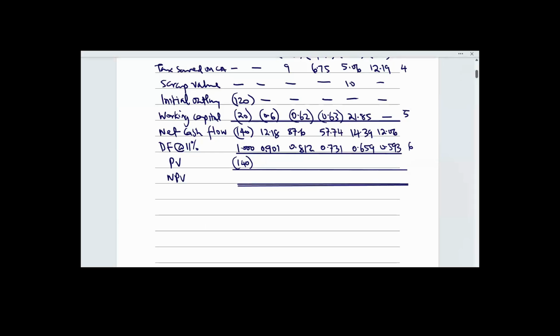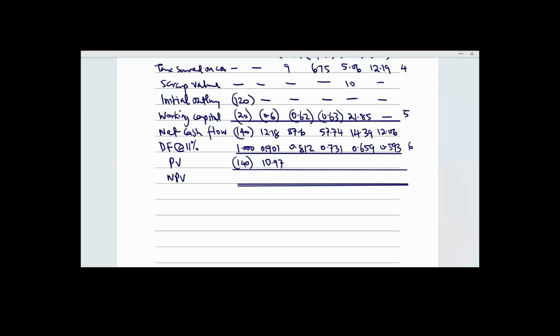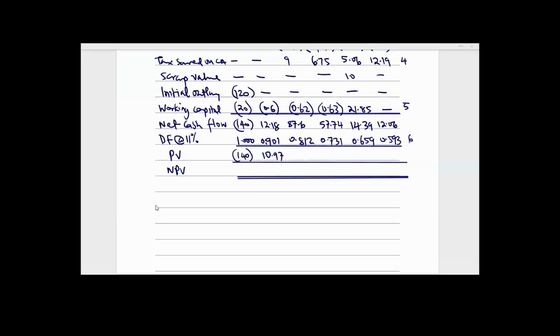So for year 1, PV of year 1 will be 12.18 multiplied by 0.901. That's 10.97. Here is 10.97. Then year 2, 87.6 multiplied by 0.812 equal 71.13.